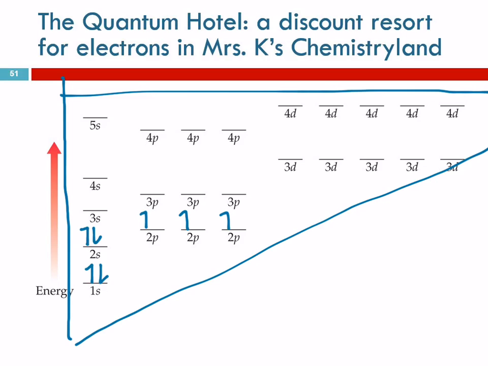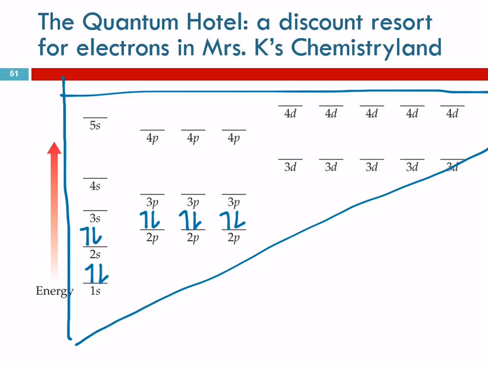The next electron that comes in, remember, cheapness, discount is their focus. So the next guy isn't willing to pay extra to go to a more expensive room so he can have his own bed. So he's going to come in, he's like, well, they're all full, I'll just jump in with this guy. And then the next one will go here, and the next one will go here.